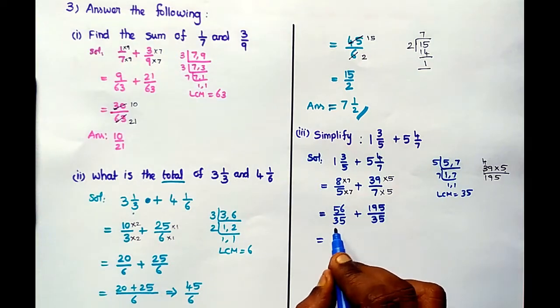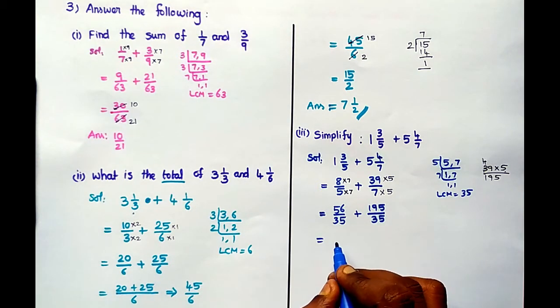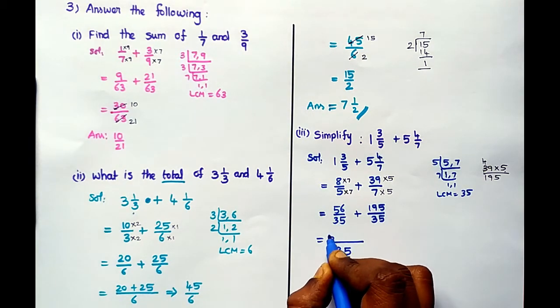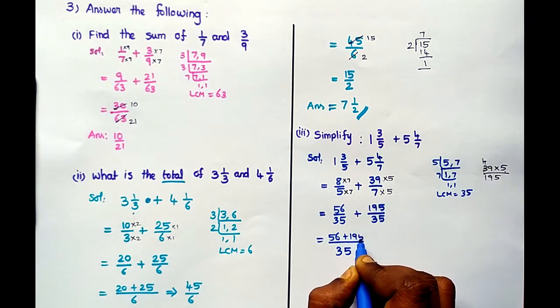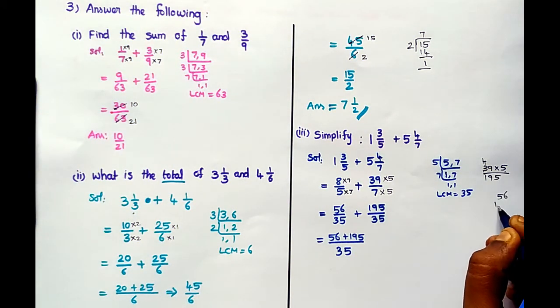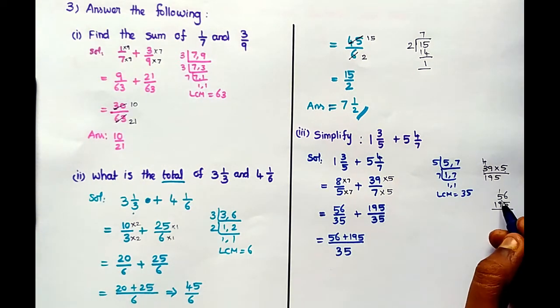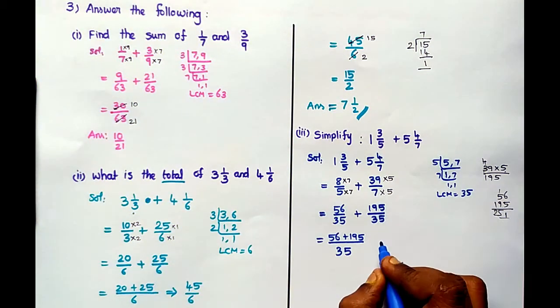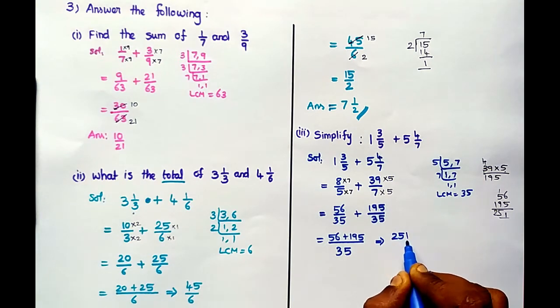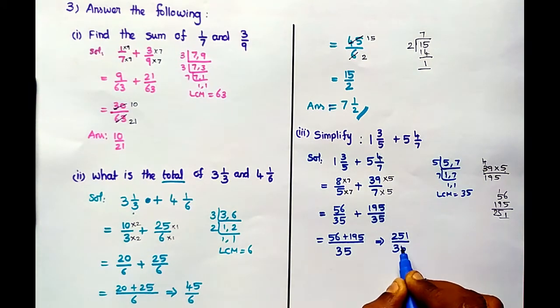Now denominators are same, 35, add the numerators: 56 plus 195, that is 251. So 251 by 35.